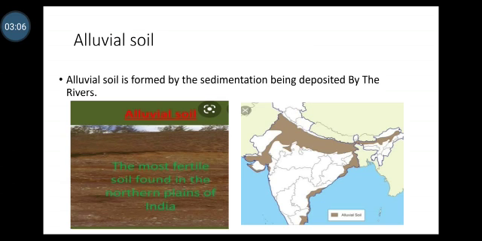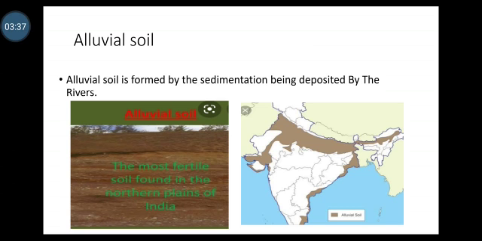First we have alluvial soil. Alluvial soil is formed by the sediment deposited by the rivers. The sediment deposited by the rivers is called alluvium. So from alluvium, its name is given as alluvial soil. Like the Ganga river in the Gangetic plains, this type of soil is very fertile because it is rich in humus and has good water absorbing capacity.